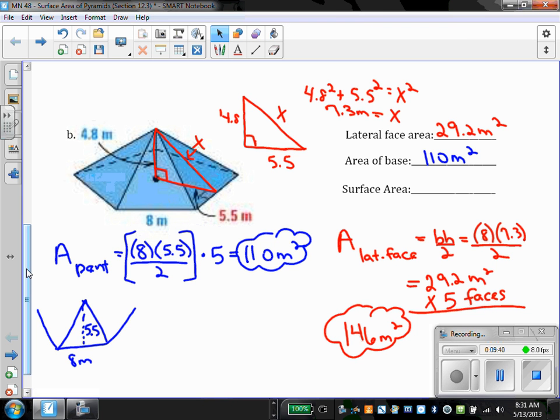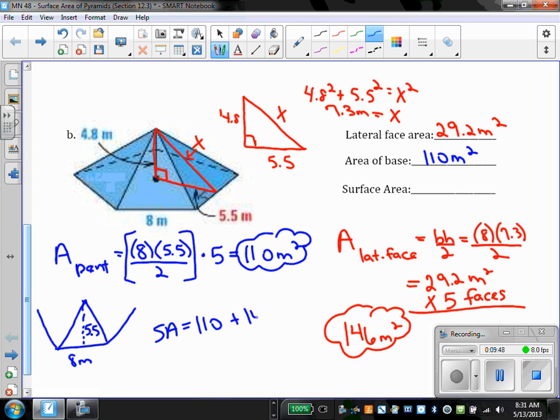So again, to find the surface area, you add your 110, which is your base, plus your 5 lateral faces, and that's going to give you 256 meters squared, which we'll put right up here.